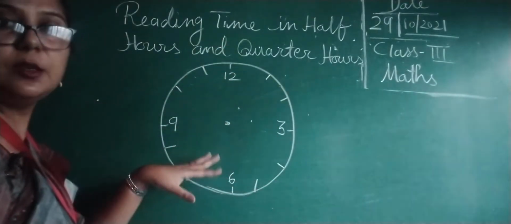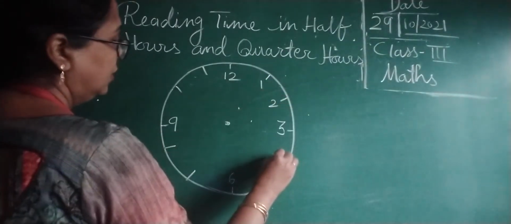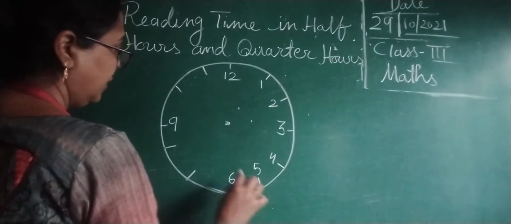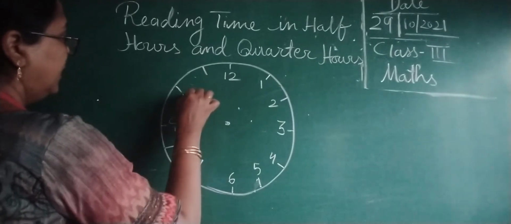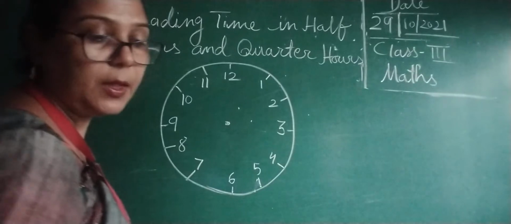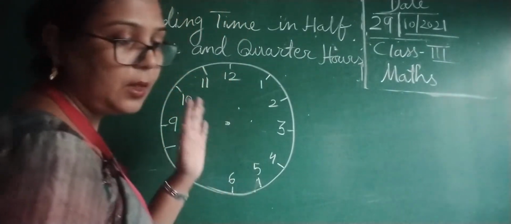Now I will write the numbers also. Now here 1, 2, 4, this is 5, and this is 7, 8, 10, and 11. This I have drawn.